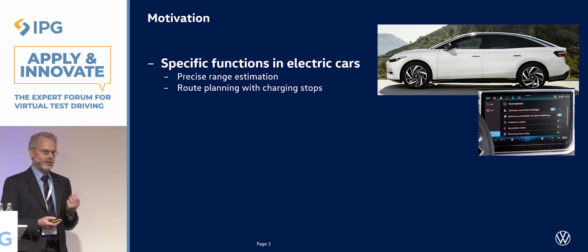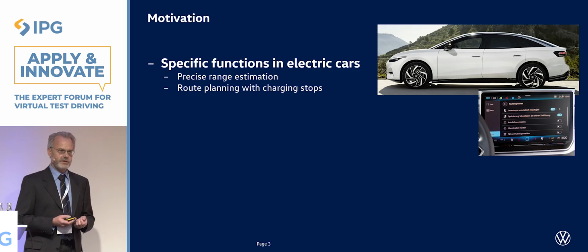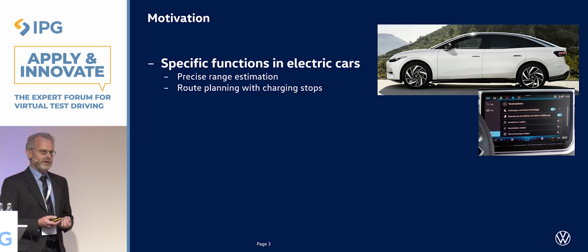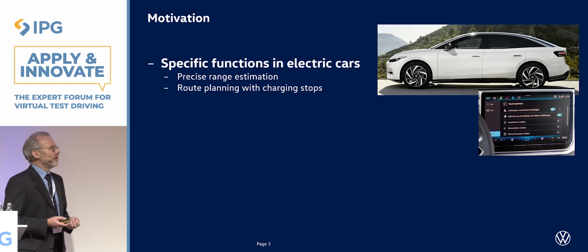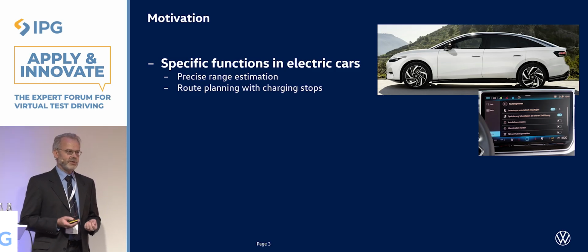This means that an optimal route planning takes this into consideration and adjusts the number and kind of charging stops that you have during your drive, depending on the traffic conditions and the estimated power consumption that you will need for the rest of your drive.